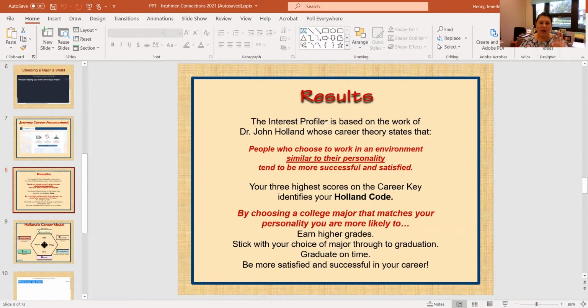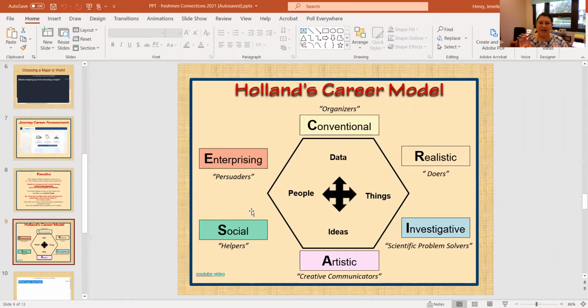So we want to give you that Holland code. And then at the end, the packet that I'm going to show you has the work environments and the KU majors that correspond to your code. And it can give you some ideas. It's not going to tell you what exact major to choose, but it's at least going to give you a starting point. So let's look over these different codes.